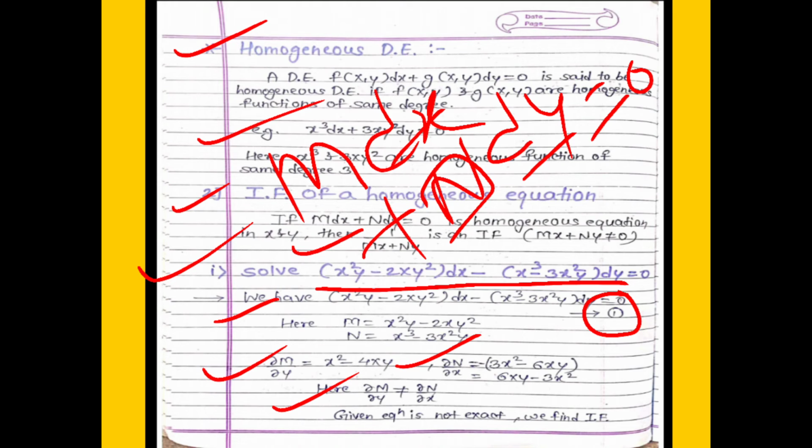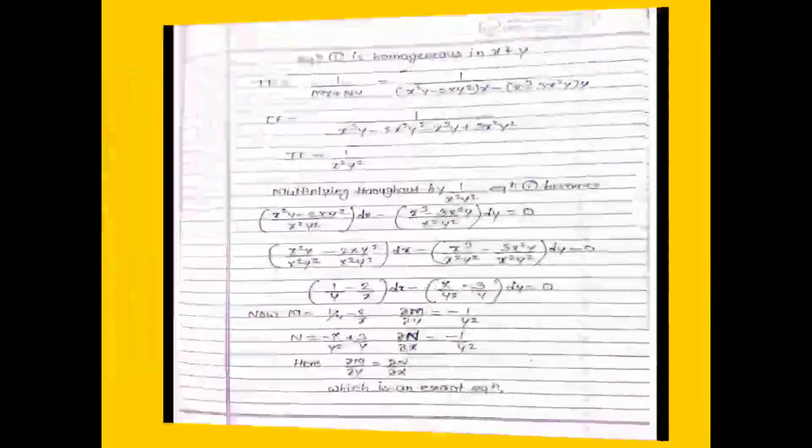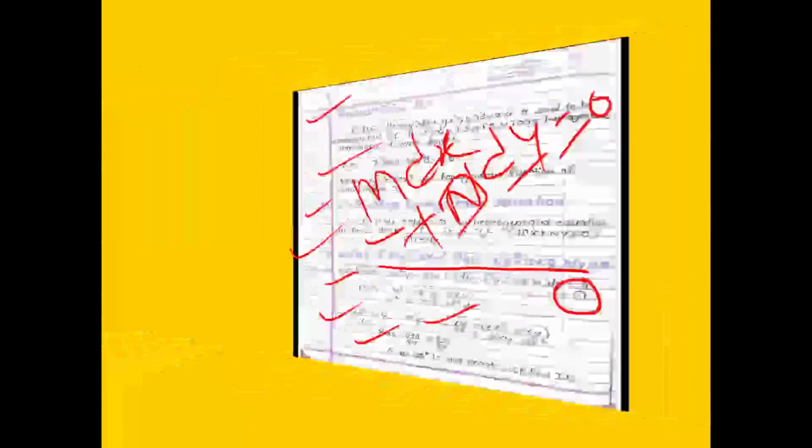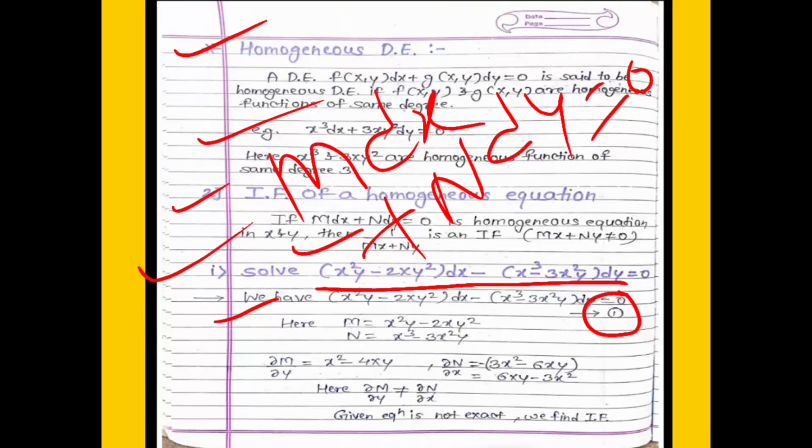So for that, we have to find an integrating factor. So in the next step, we will find the integrating factor. As we know, equation 1 is homogeneous in x and y, because the degree of the first coefficient, which is the coefficient of dx, that is M, has power of x as 2 and power of y as 1, that is 3.